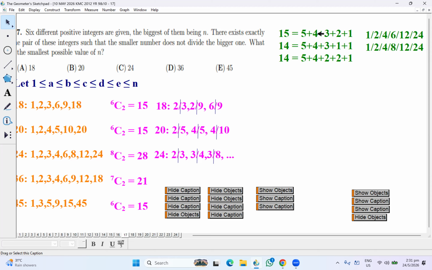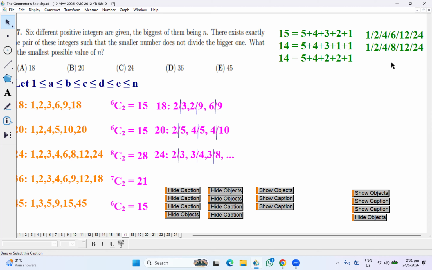Then 4 cannot divide 6, but 4 can divide 12 and 24: 2 pairs. 6 can divide 12 and 24: 2 pairs. And 12 divides 24: 1 pair.